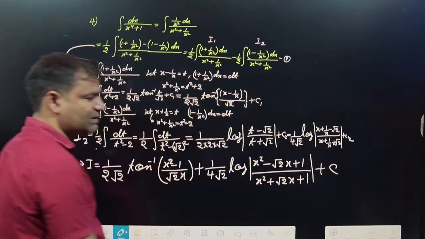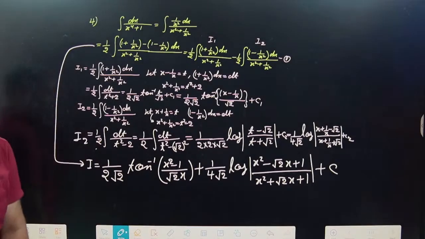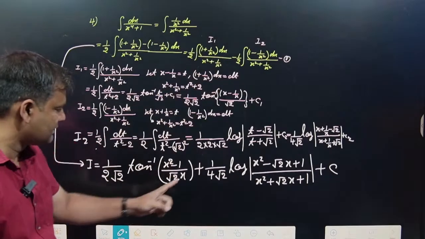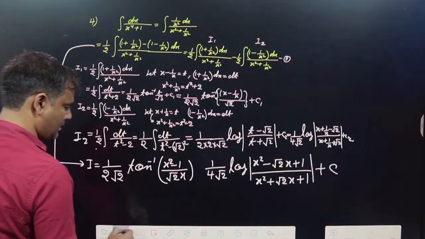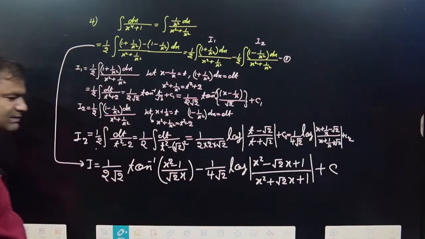C1 plus C2 is C. Here it should be minus, silly mistake. This is the final answer.